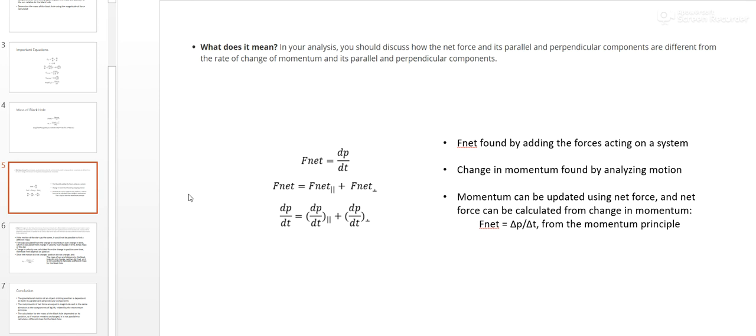The difference is Fnet is found by adding the forces acting on the system, while change in momentum is found by analyzing motion. The net force can be used to calculate a new momentum, and this change in momentum can be used, vice versa, to calculate the net force.